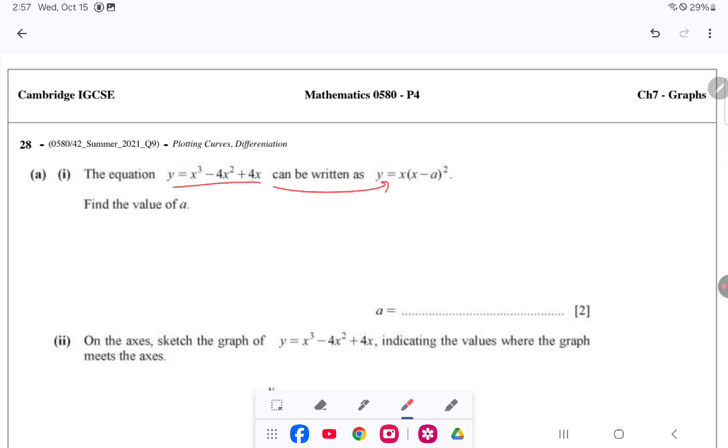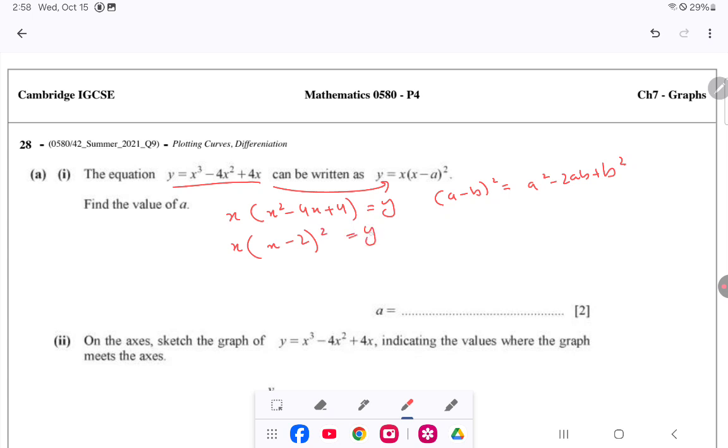For that, take x common. x square minus 4x plus 4 is equal to our y, and we can apply the a minus b square formula, which is a square minus 2ab plus b square, and it will become x minus 2 square is equal to y.